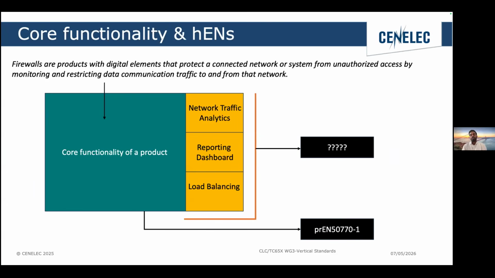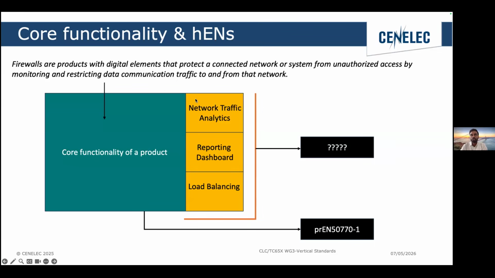Okay. Now, in order to get the presumption of conformity, or also to address these core functionalities, we have these vertical standards, right? So for firewalls, we have EN 50701 to address these requirements for the core functionalities. And the document also needs to be able to address the other functionalities, which are also state of the art, right?